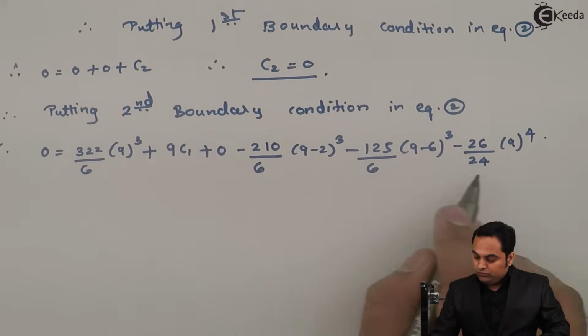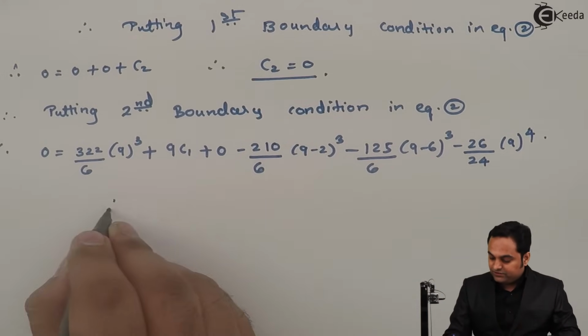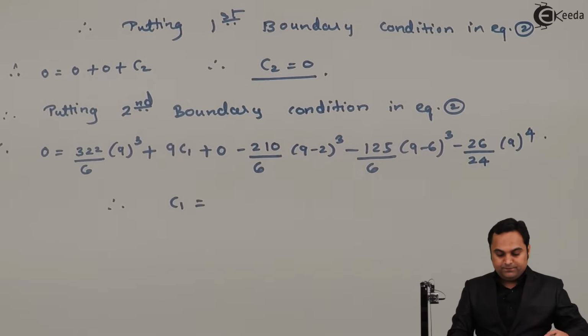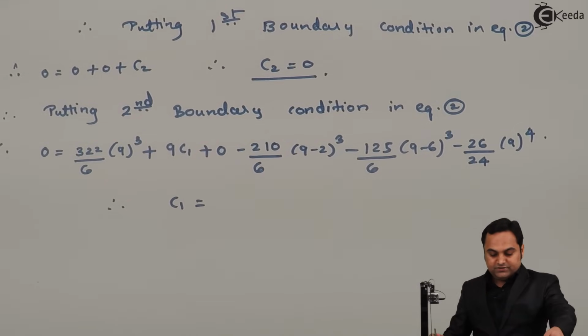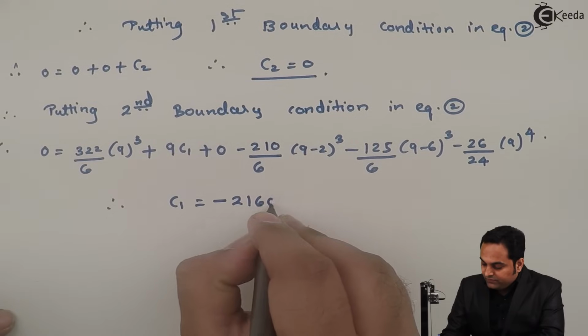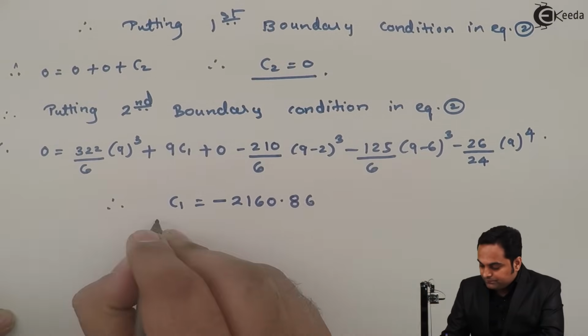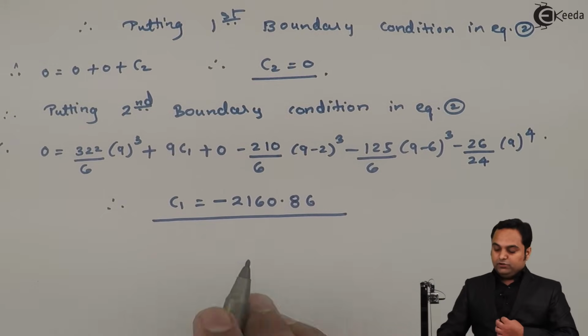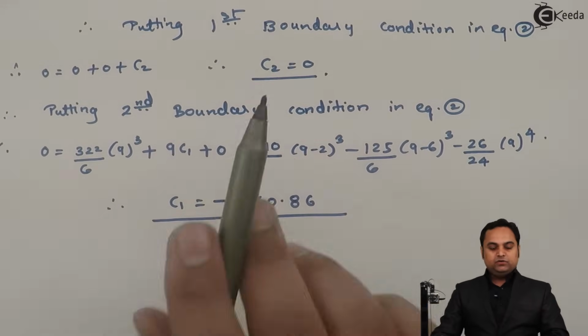So here if I go on calculating this, simplifying this term, I'll get the answer of C1 as it comes out to be minus 2160.86. So here I have found out the value of C1. Previously C2 was calculated.